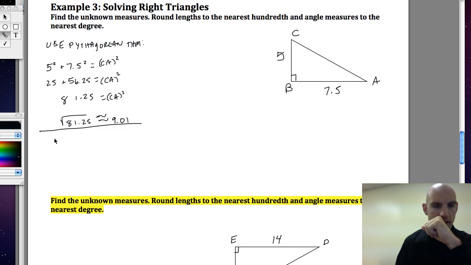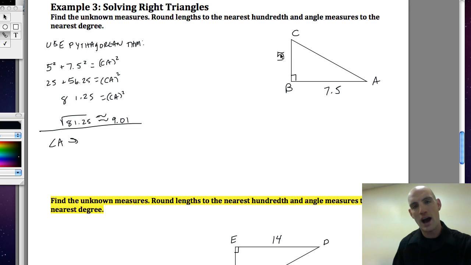If I'm going to find angle A, I have the opposite side, I have the adjacent side. So the tangent of angle A is equal to 5 divided by 7.5.